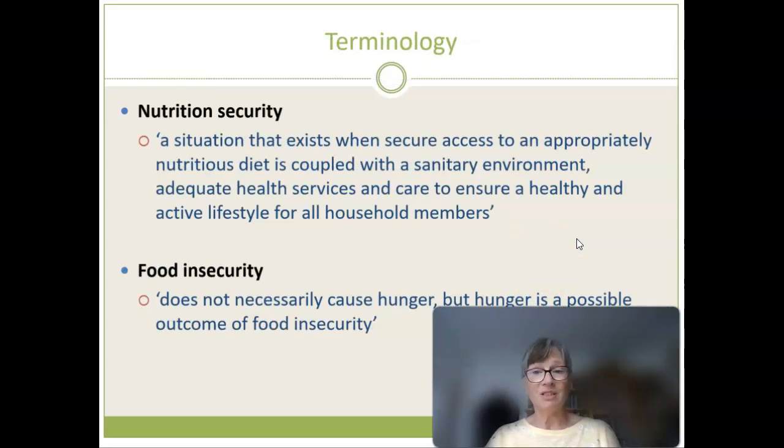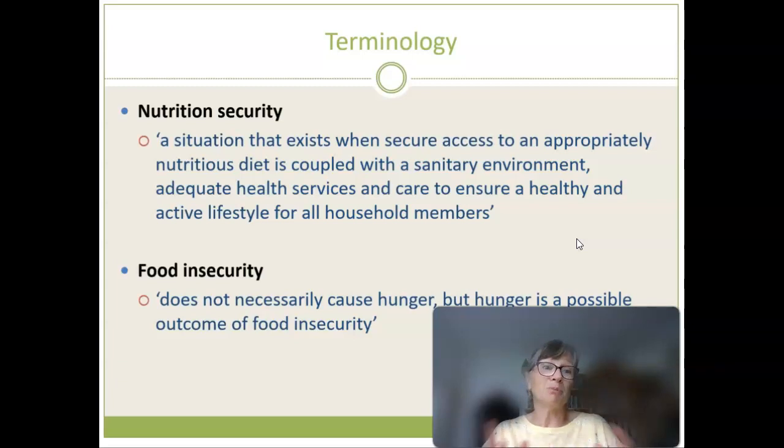So nutrition security is seen as a situation where secure access to an appropriately nutritious diet, which of course is not going to be the same for everybody, is coupled with a sanitary environment, so food storage, for cooking, for eating, adequate health services and care to ensure a healthy and active lifestyle for all household members.